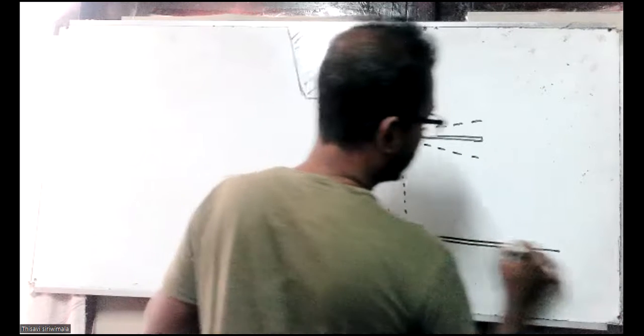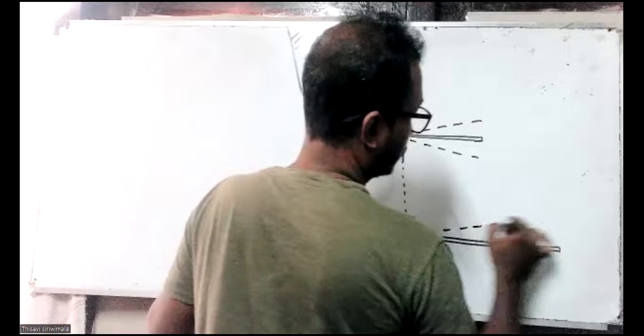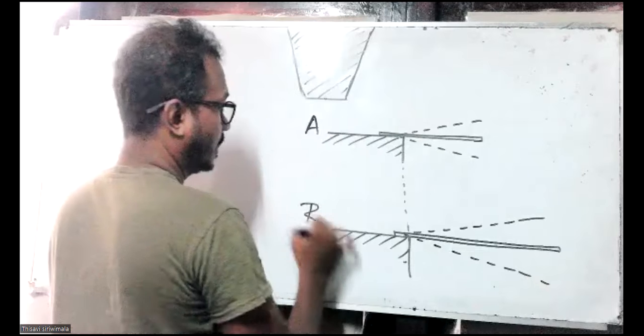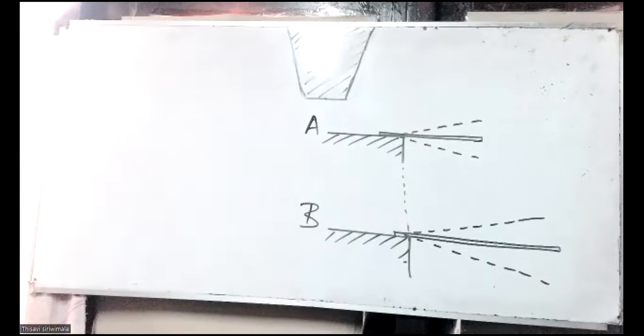The second one is with a longer vibrating length. So when they are vibrating, you can easily see A has a higher frequency than B.